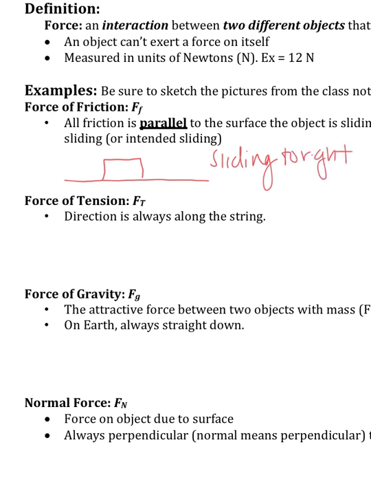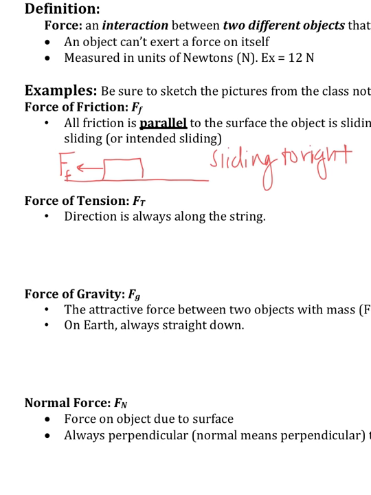If this box is sliding to the right, then which way would friction be? Well, friction would be working against that, and so we would have friction going this way, and we'd label it F sub F. And that's not the only force acting on it, right? If it's sliding to the right, there might be some other forces acting on it.